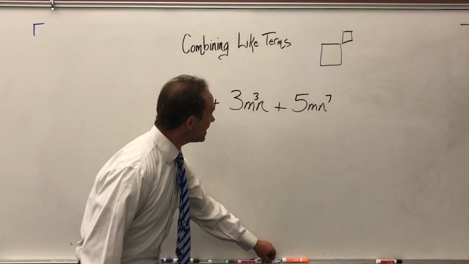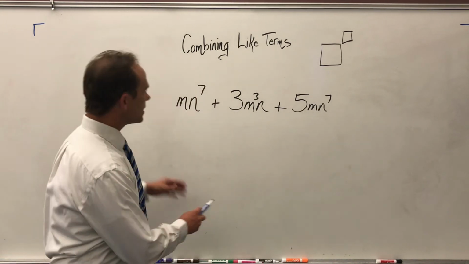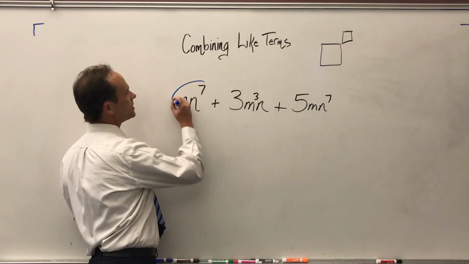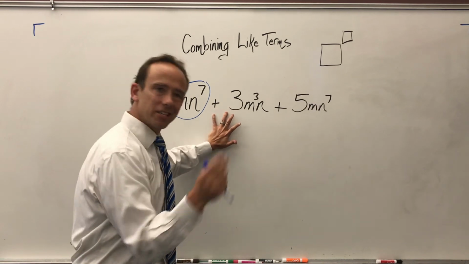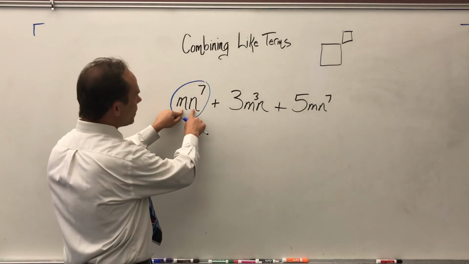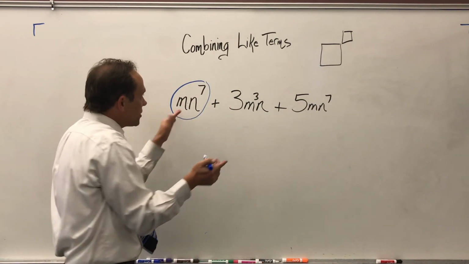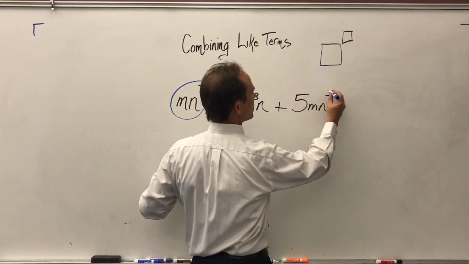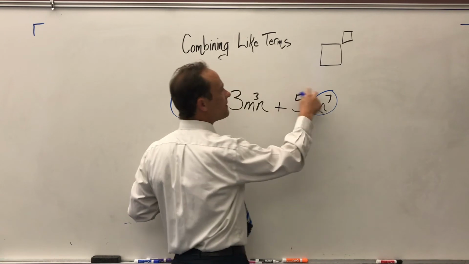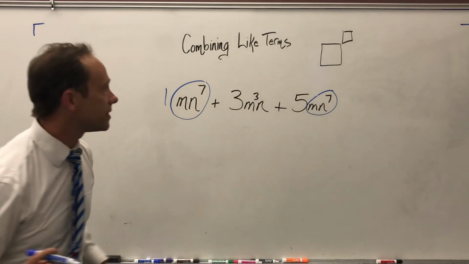So what we got then is the term is here. Because it's multiplication, see, it's separated by addition and subtraction. So I've got one of these. I got one term that's m times n to the 7th. And over here, I've got 5 of them, right? I mean, you could put a 1 there.